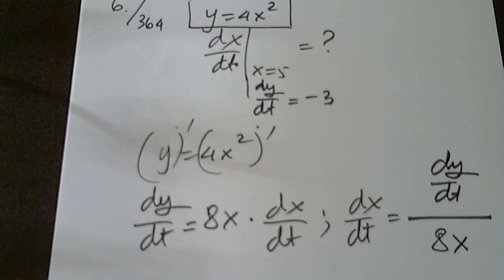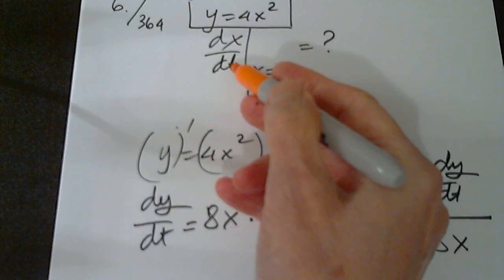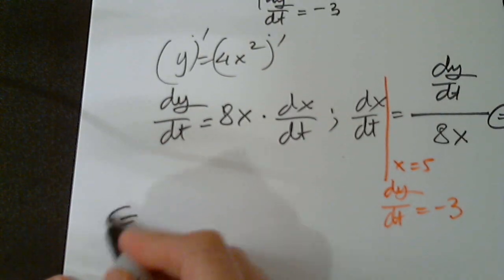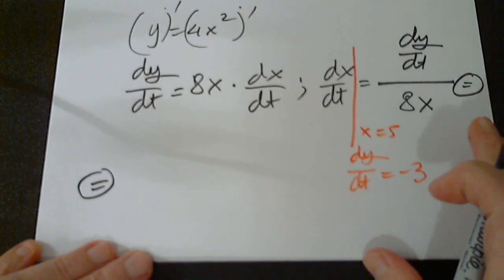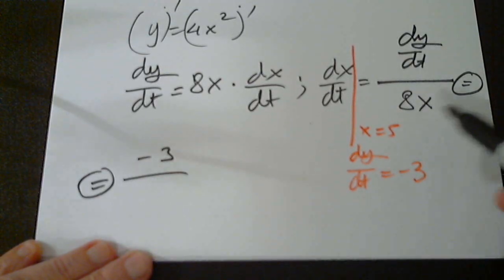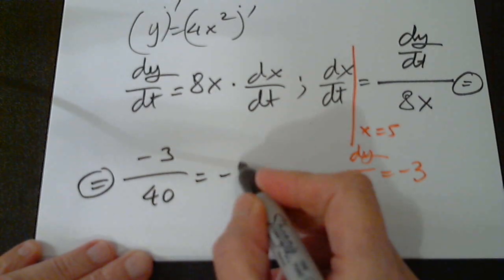The rest is a piece of cake, because I'm asked to find this dx over dt when x is 5 and when dy over dt equals -3. No problem at all. I will just write dy over dt, I'm told is -3, at the top, over 8 times 5.